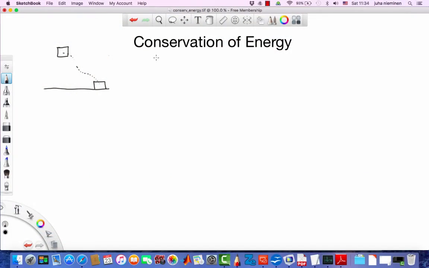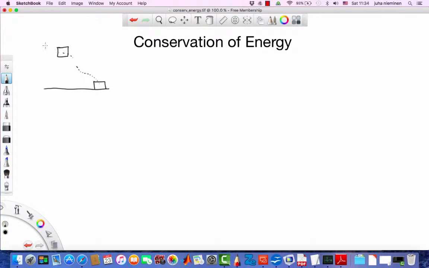The most familiar instance of conservation of energy is probably when stuff is falling from the sky and it picks up speed on the way. So let's explore that example a little bit more.